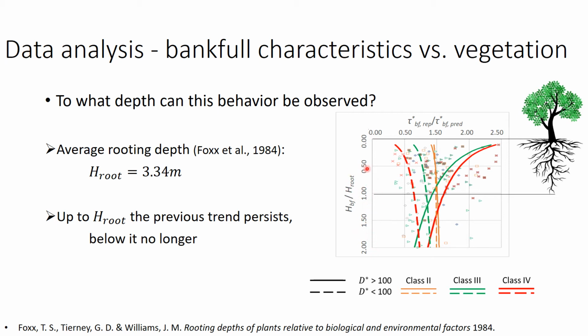The horizontal axis shows the ratio of reported and estimated Shields numbers. The coloring indicates vegetation coverage. Red lines show coverage above 50% and orange lines below 5%. Furthermore, solid lines refer to granular soils and dashed lines to fine-textured soils.